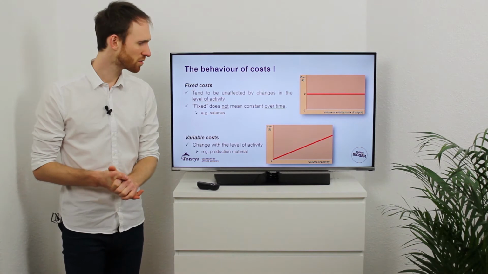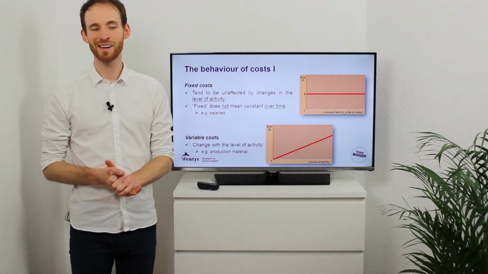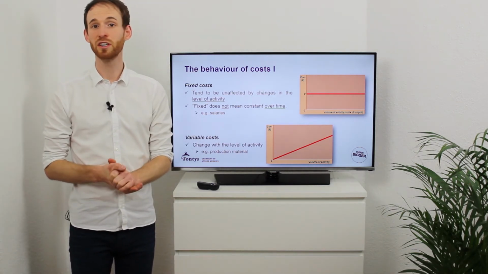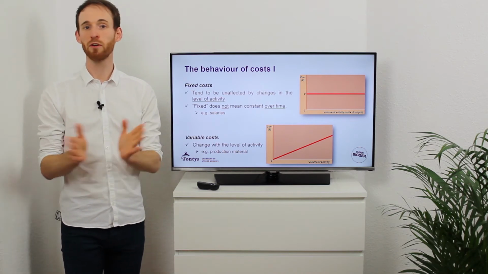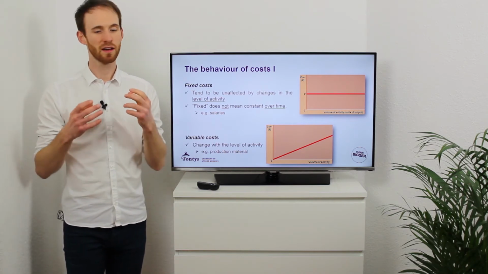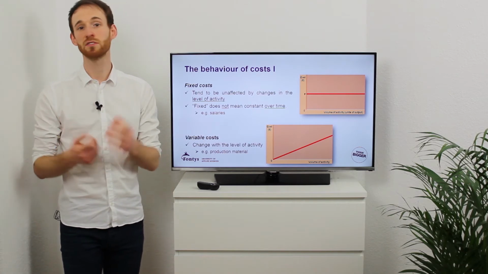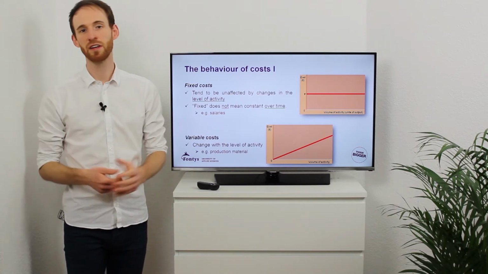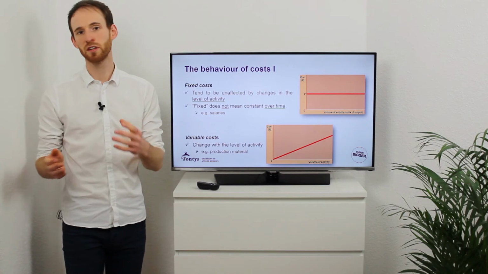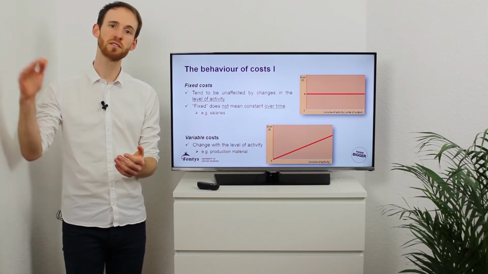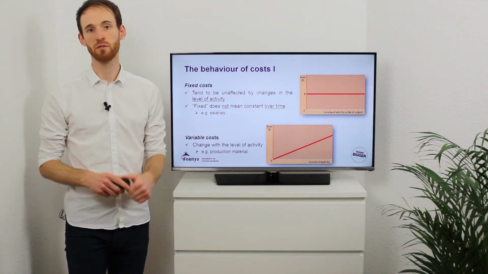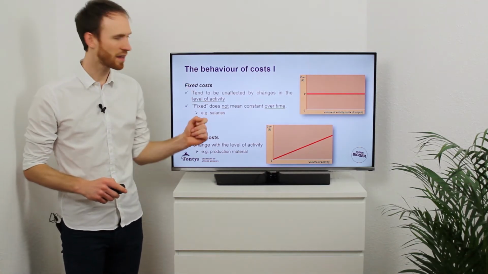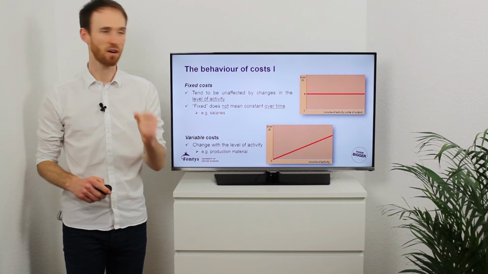You can also see that as the raw materials you need for your cooking evening. The more friends you invite, the more ingredients you need, the more pasta, the more vegetables, the more drinks. So the costs will rise in accordance with how many people you invite. So these are the main types of behaviors of costs.